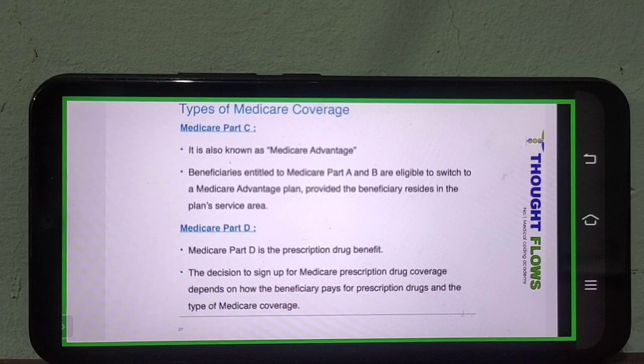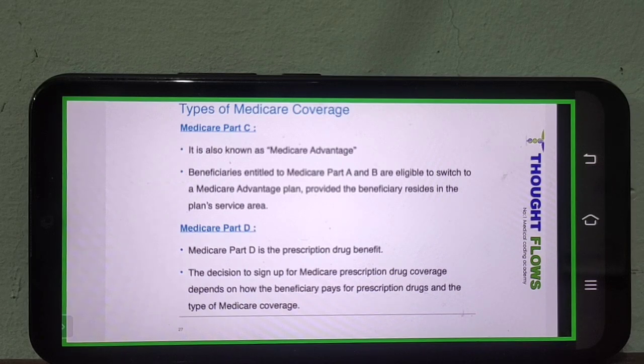The services that are not covered under Part A and Part B are covered under Part C.